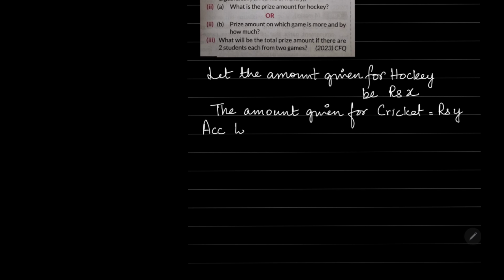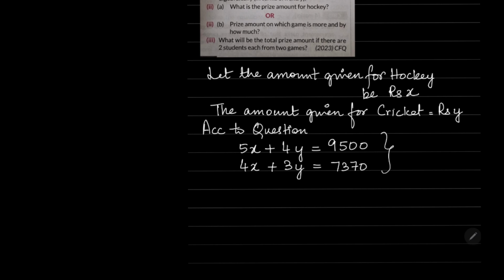So according to the question, we are just going to write what we wrote here. 5x plus 4y will be equal to 9,500, that means the amount given by school P. And 4x plus 3y will be equal to 7,370.